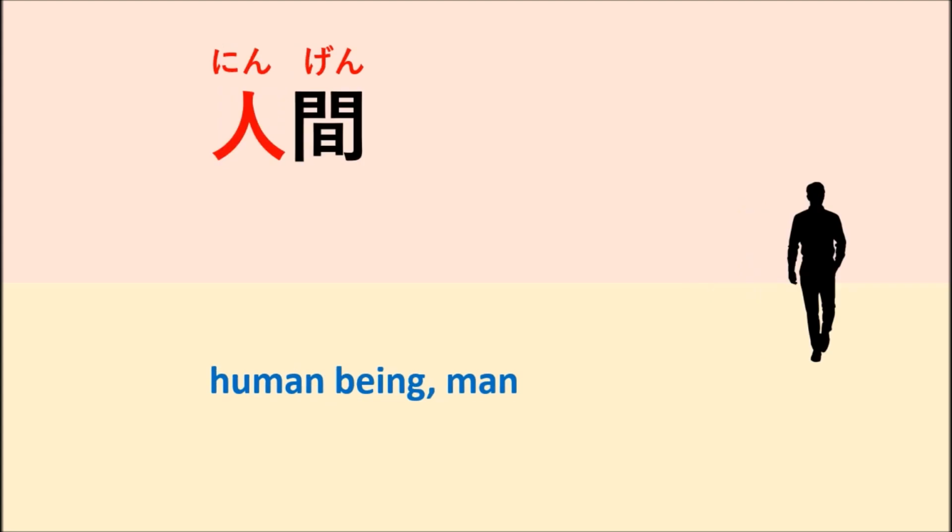Ningen. Ningen means human being, or a man, or the person. In this word we have the kanji of hito and the kanji of aida. When you put them together, that means human being.